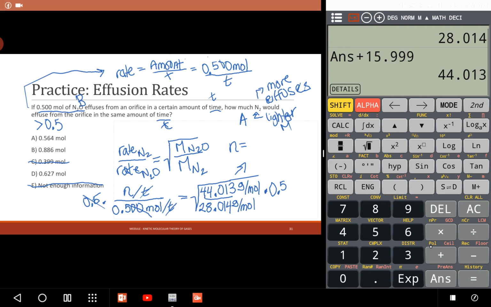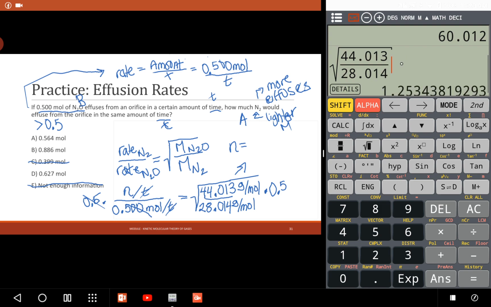Let me go ahead and hit enter. And now I need the square root of 44.013 divided by 28.014, and then outside of that square root, I need to multiply it by 0.500.